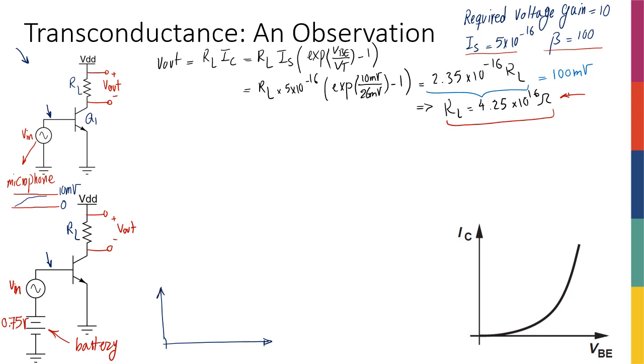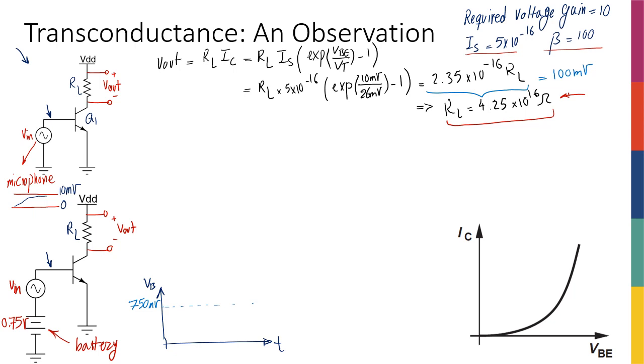One DC voltage source, the battery, and then there is the microphone on top of that. So let's call this VB. If I plot this VB versus time, I know that it's going to have a DC value of 750 millivolts.